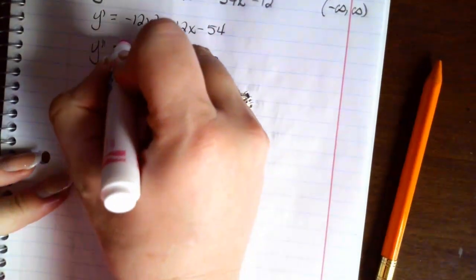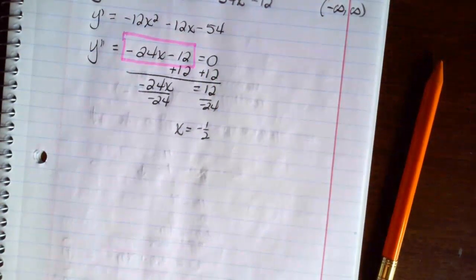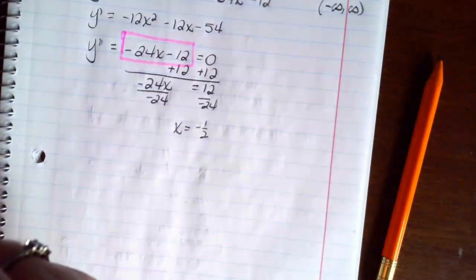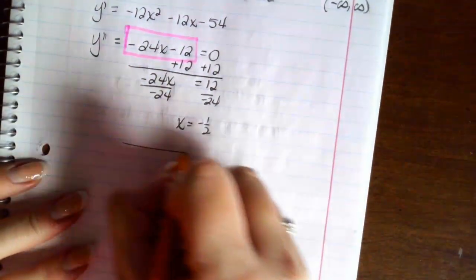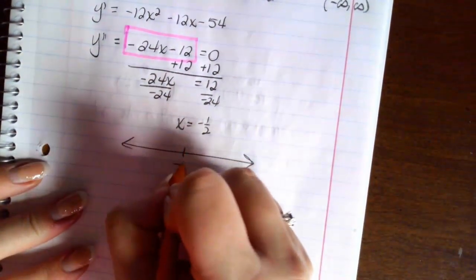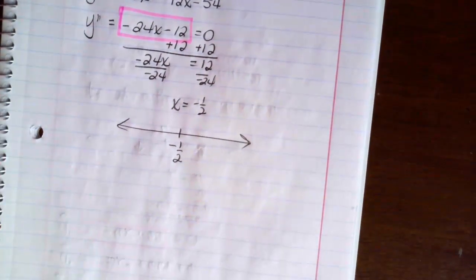So this is my second derivative. That's where we're going to put the test points in. And then we have our number line with our potential inflection point at negative 1/2.